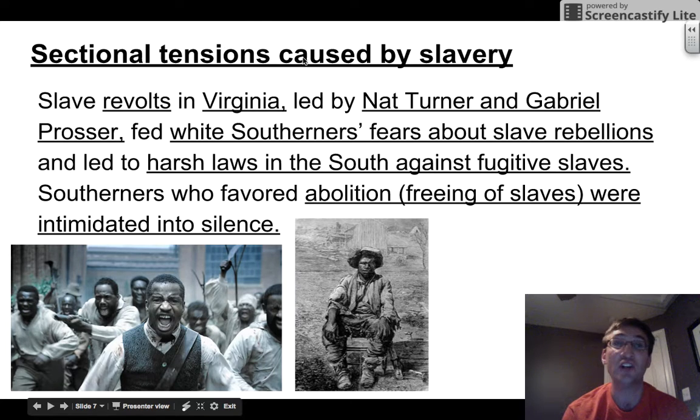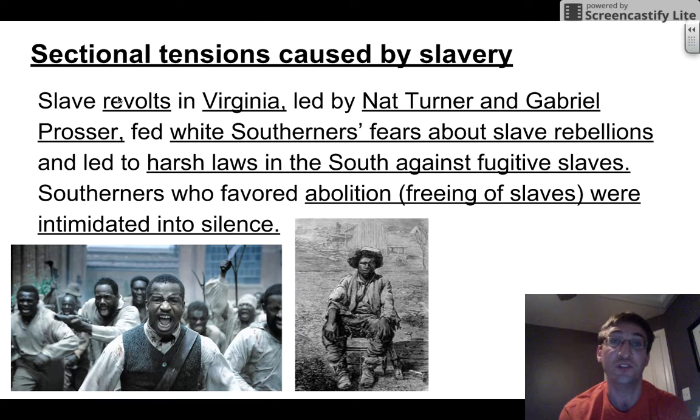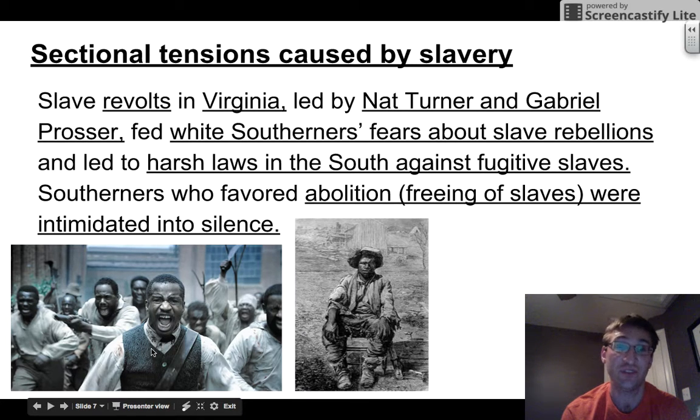Sectional tensions caused by slavery. Slave revolts in Virginia, led by Nat Turner, this man, and Gabriel Prosser, fed white Southerners' fears about slave rebellions and led to harsh laws in the South against fugitive slaves.